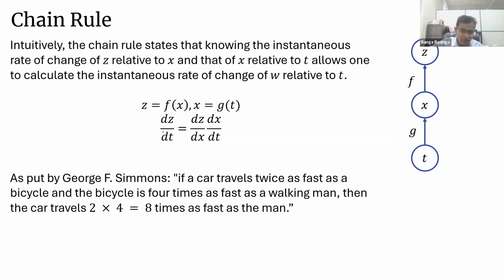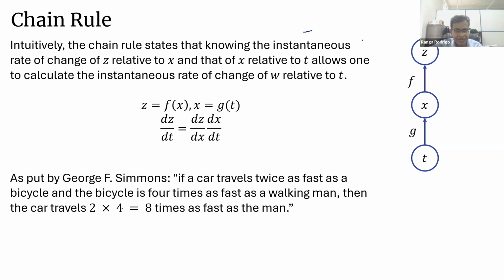Okay, so let's first of all look at the chain rule that we studied when we did gradient or differentiation in A-levels. Intuitively, the chain rule states that knowing the instantaneous rates of z relative to x and x relative to t allows one to calculate the instantaneous rate of change of z with respect to t.